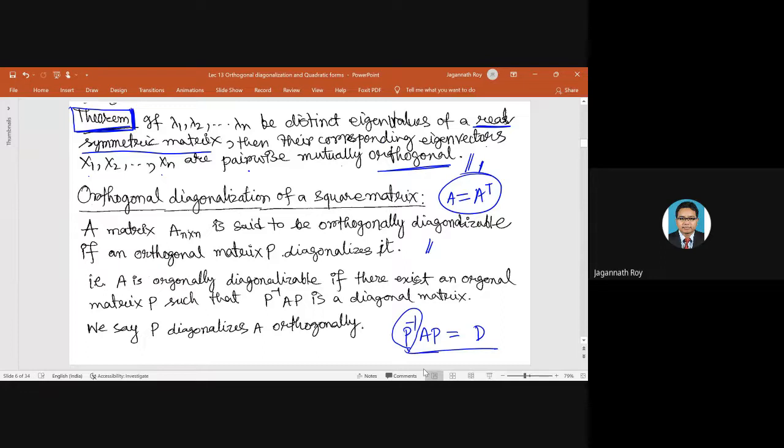And if we have this transformation, it is called orthogonal diagonalization, because we are getting a diagonal matrix. So orthogonal diagonalization is only possible for a real symmetric matrix.